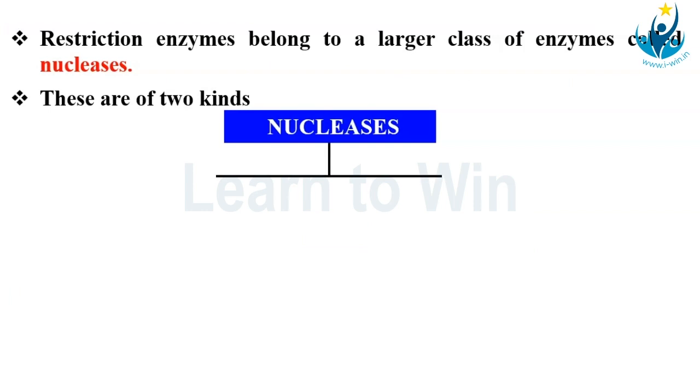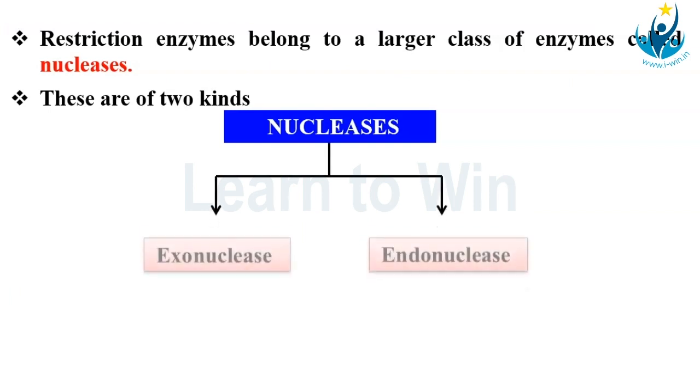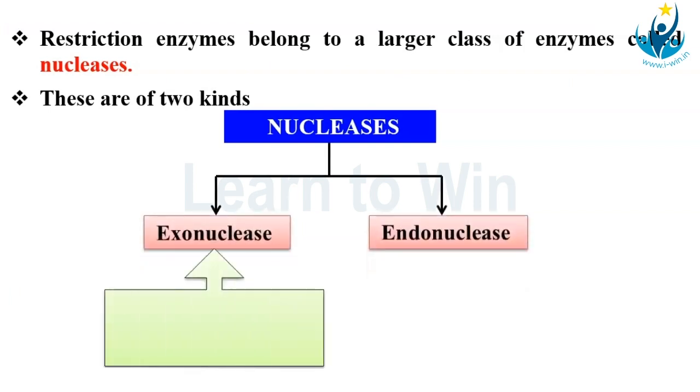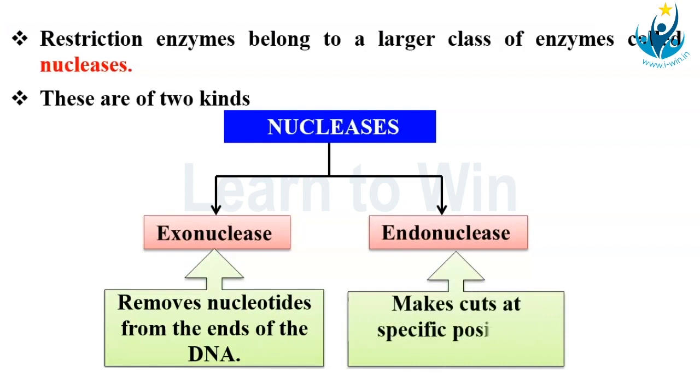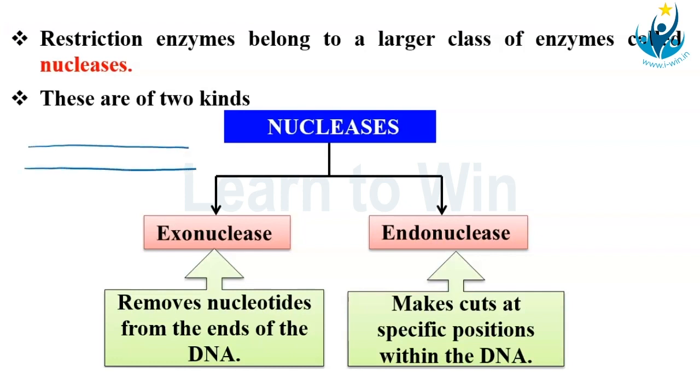So nucleases are of two types, exonucleases and endonucleases. Exonucleases basically remove the nucleotides from the end, and endonucleases remove them from within, in between. For example, let me take a DNA strand like this. This is a double-stranded DNA strand.